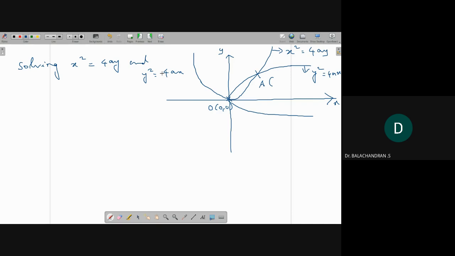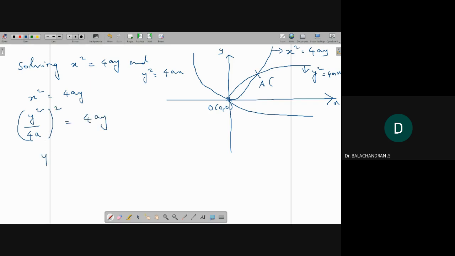So what is x from here? y square by 4a. So I will take x square equal to 4ay. So what is x? y square by 4a whole square equal to 4ay.